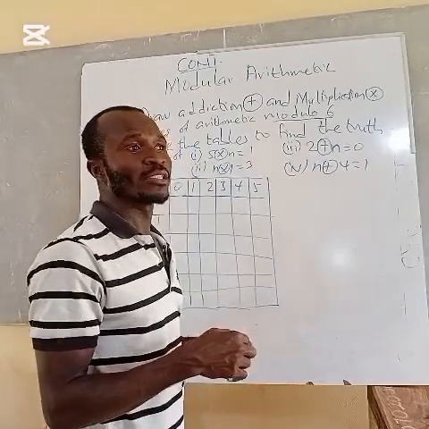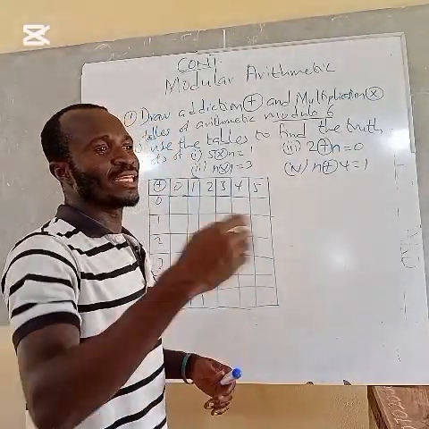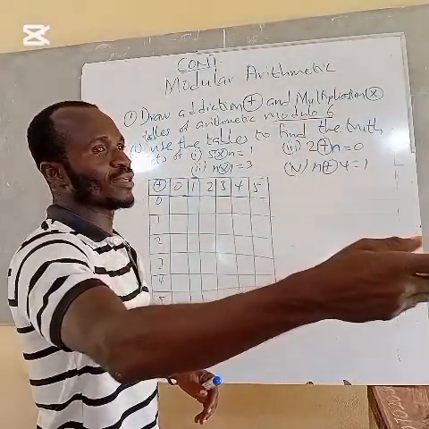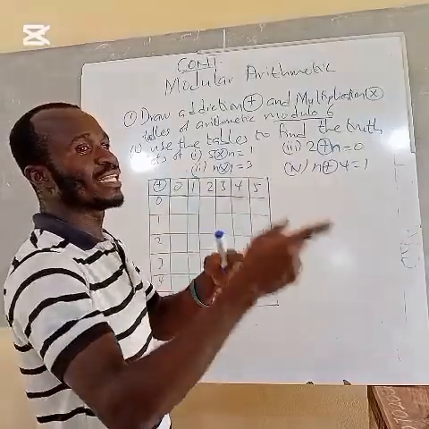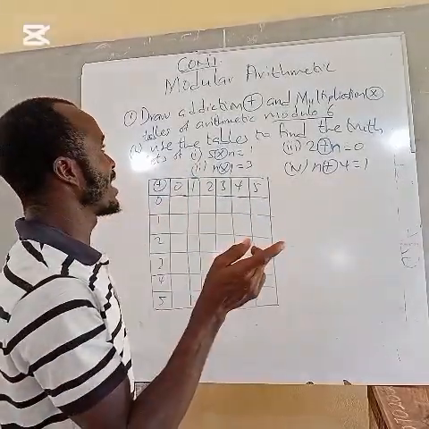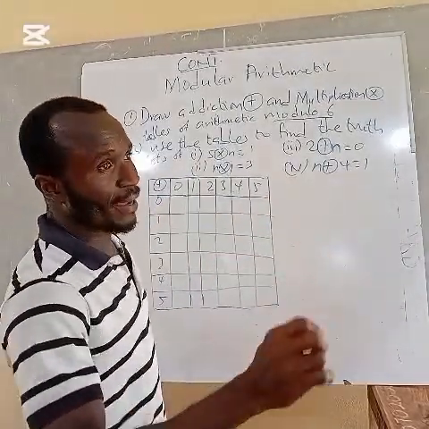To find a number in modulo 6, when 6 goes into the number and there's a remainder, we write the remainder as the answer. If it's not up to 6, we write the number. Don't forget that.